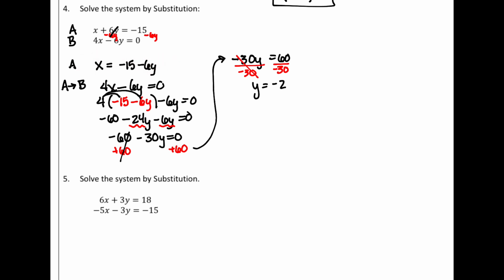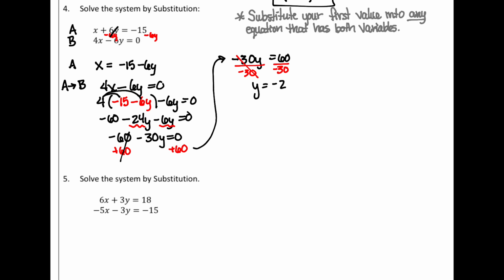Okay, so solve, substitute, solve. Now I need to substitute, right? So I'm going to take y equals negative 2, and I need to plug it into an equation that has both variables. Any equation that has both variables, we could use the first one, A, the second one, B, or we can use this one where we solved for x.